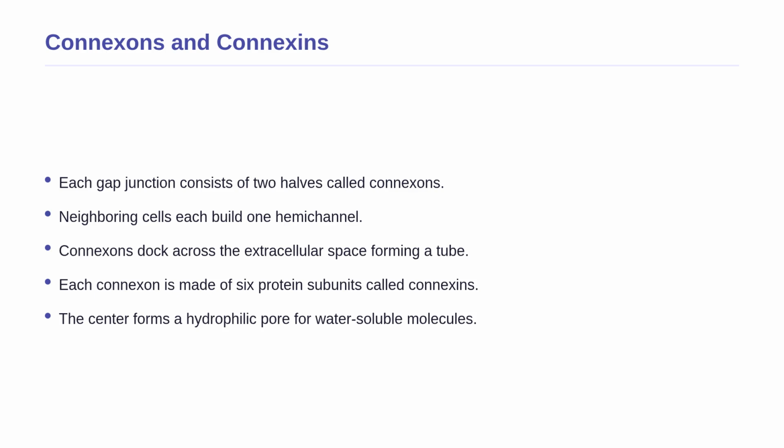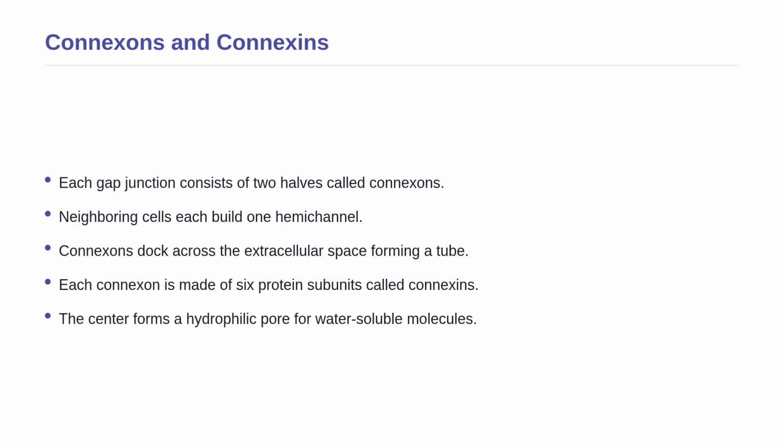Building on that definition, let us examine how these microscopic tunnels are actually constructed. Structurally, each gap junction is made of two matching halves, which we call connexons or hemichannels. It is a beautiful collaborative effort. One cell builds one half, and the neighboring cell builds the other.